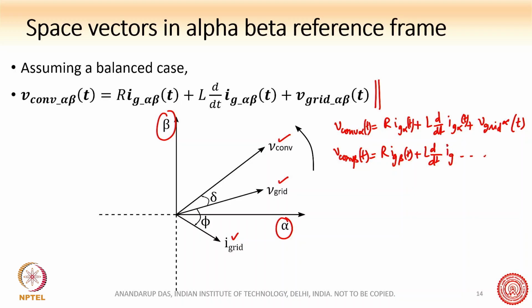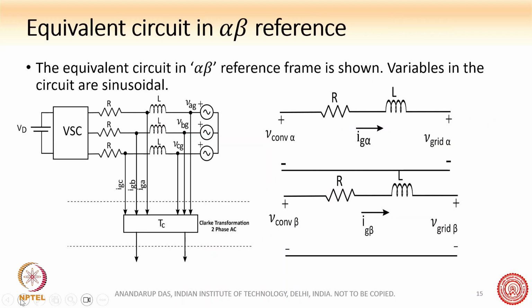In this way you can write the equations. So there are two equations which have been compressed and written in a single form, which means there are two equations and two variables here. You can see this is V conv alpha and here is V grid alpha, and therefore we have this R and L here, and Ig alpha is flowing in the circuit.